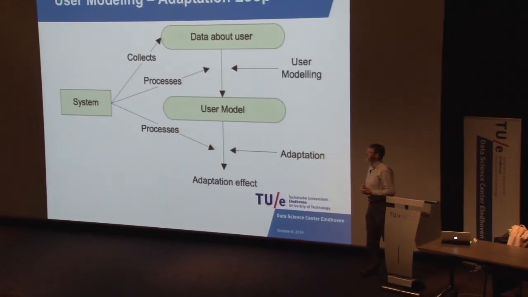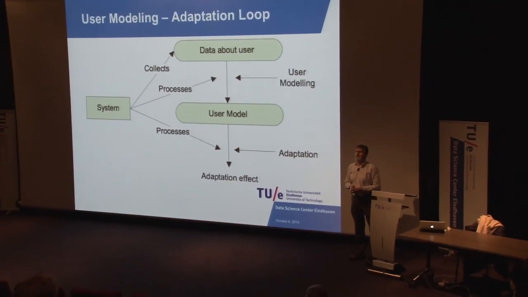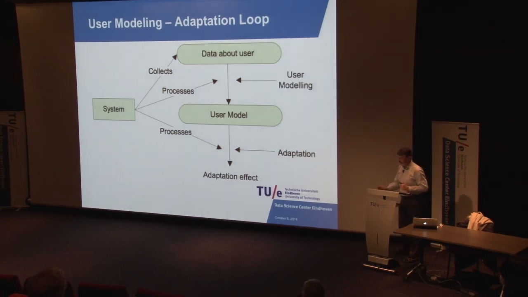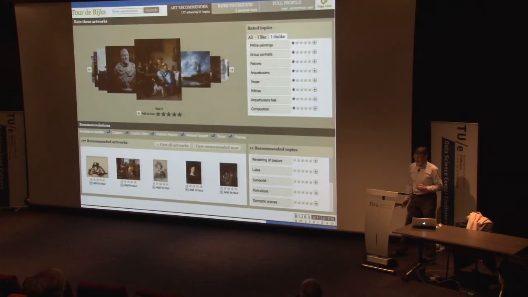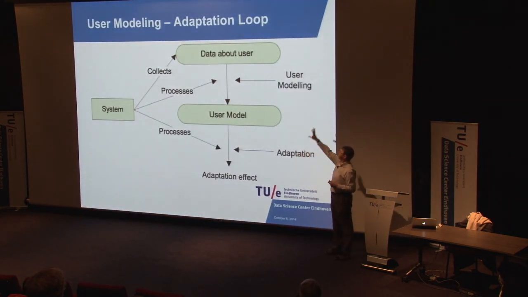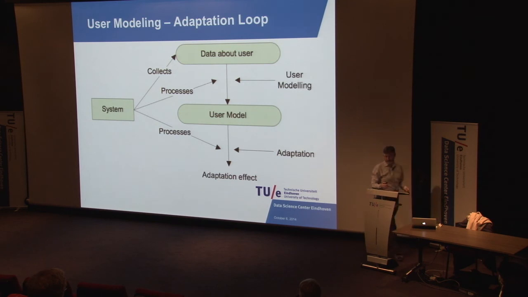Here's a simple picture, initially created by Peter Brzezinski. It's very simple. Oops, I'm going too fast. The system will collect data about the users. That data is transformed into a more usable model. We call that the user model.